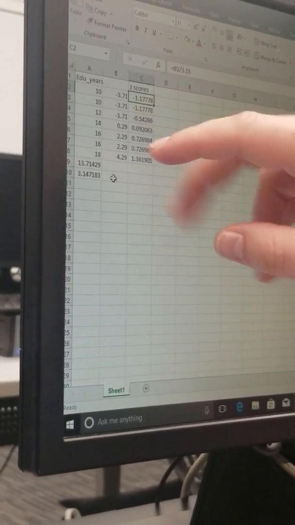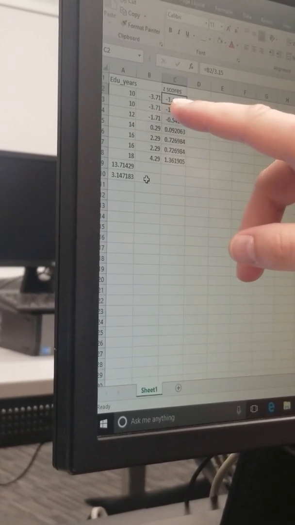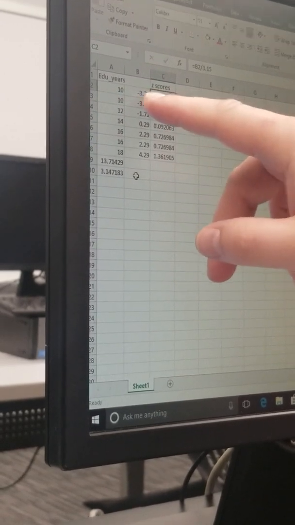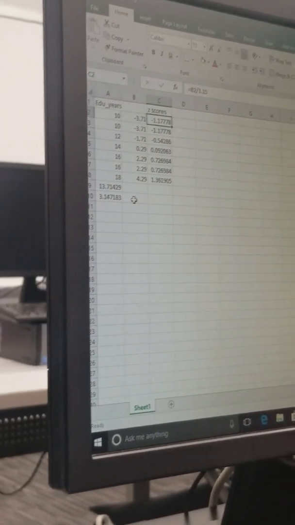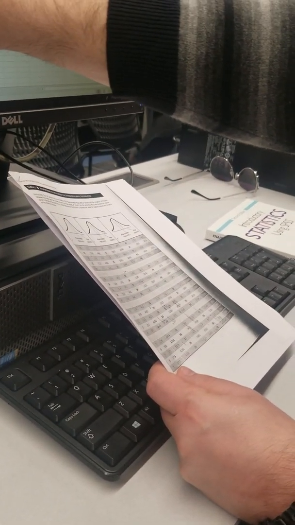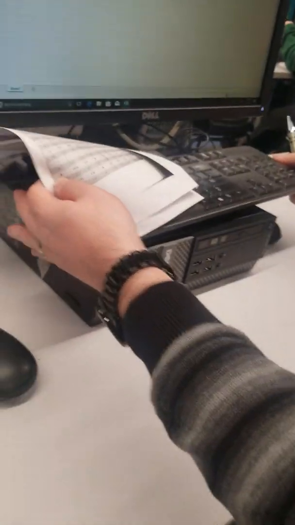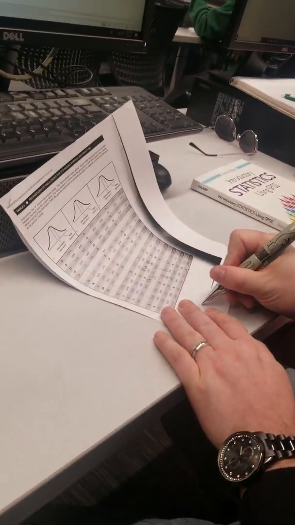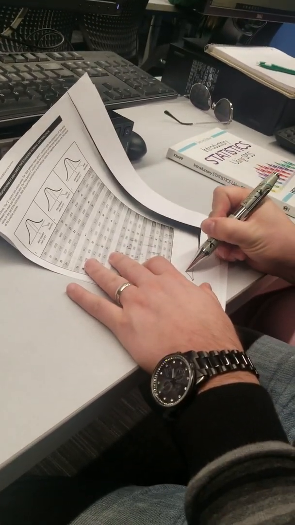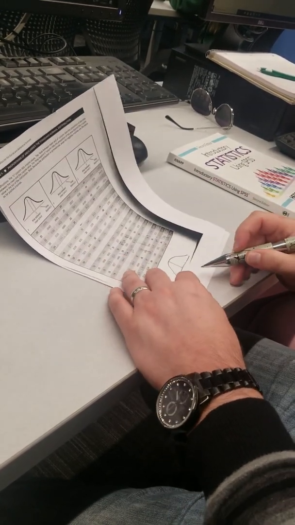If we want to know how much of the population has 10 years of education or less, we come to our table. So we have negative 0.177 (z-score). We draw our normal curve. That's our mean, median, and mode.